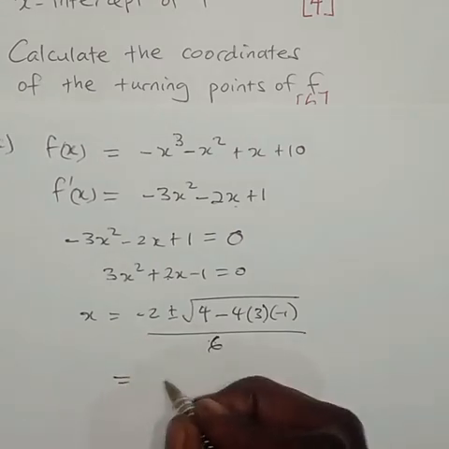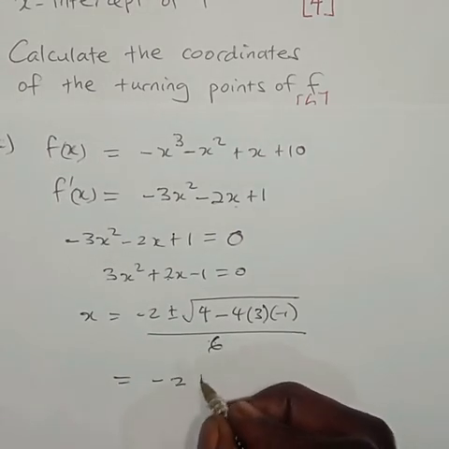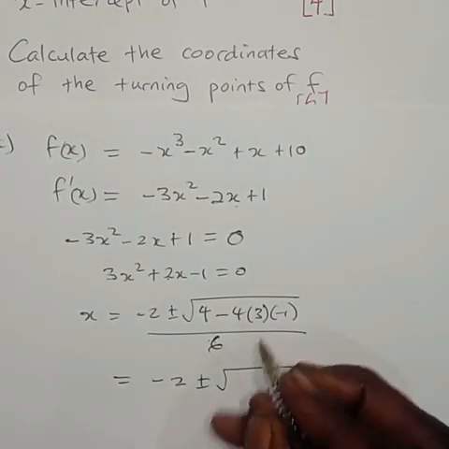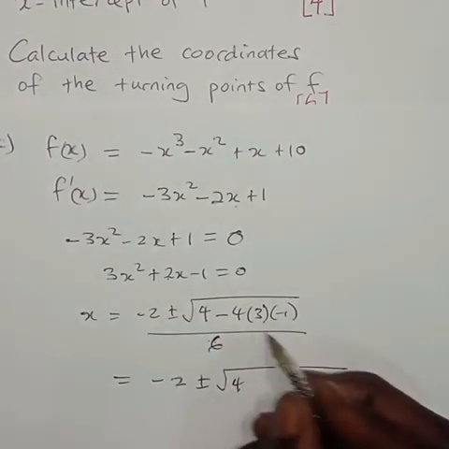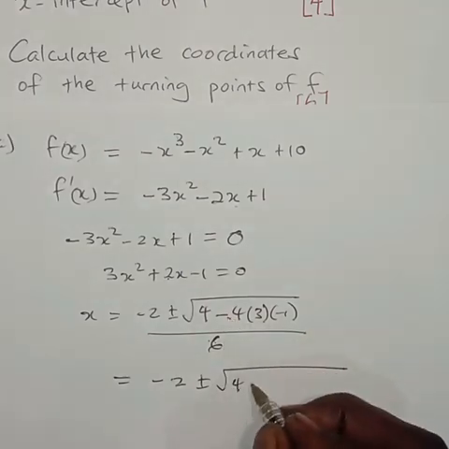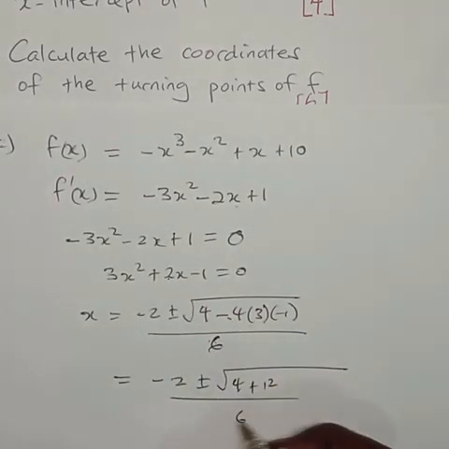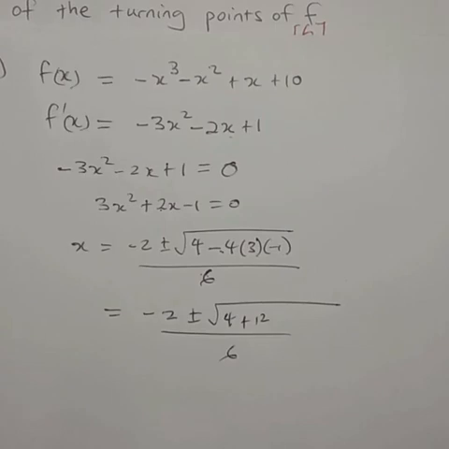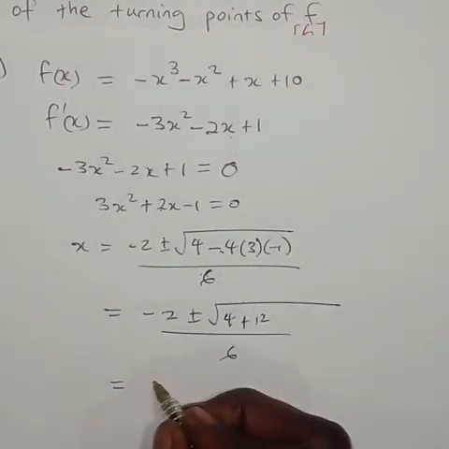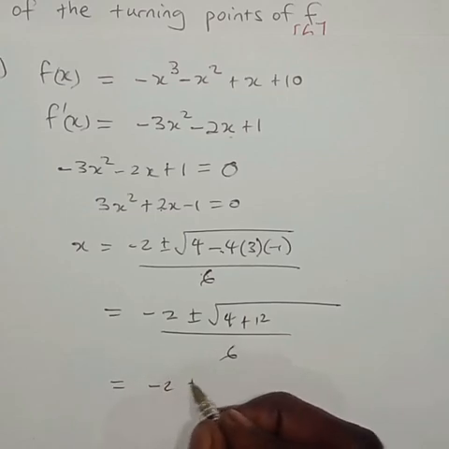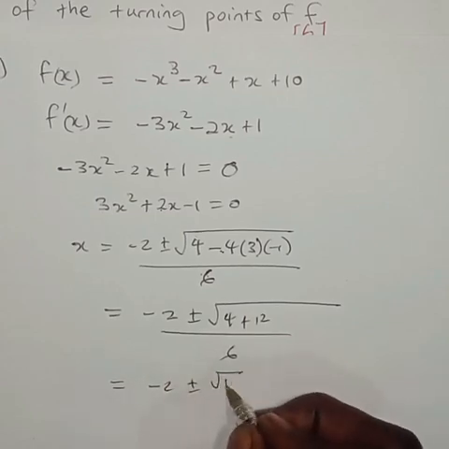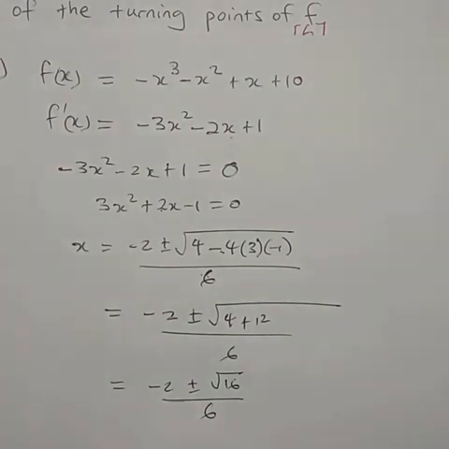Then we have minus 2 plus or minus, what's in there? We got 4, then plus 12 over 6. So that's going to give us minus 2 plus or minus root 16 over 6.